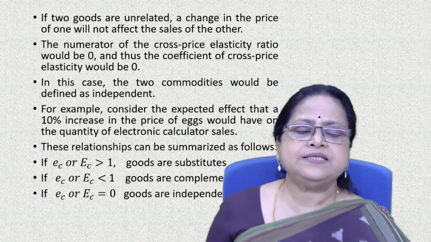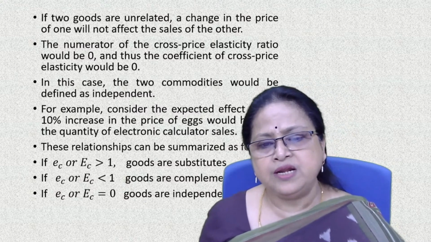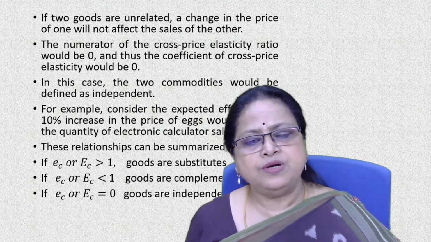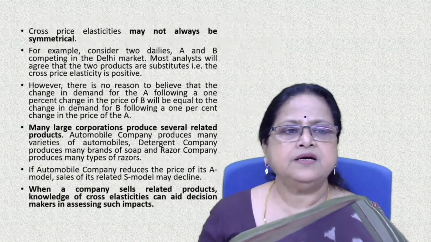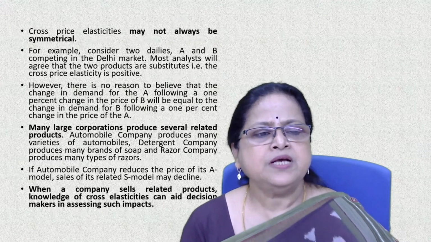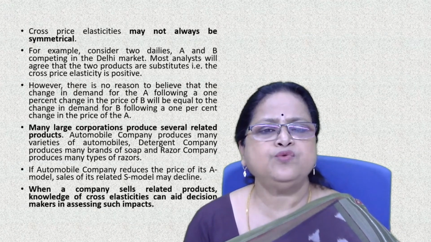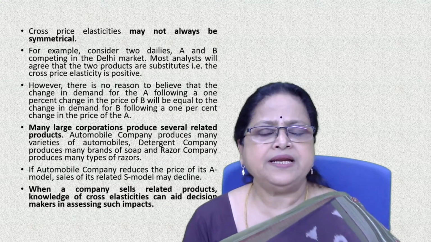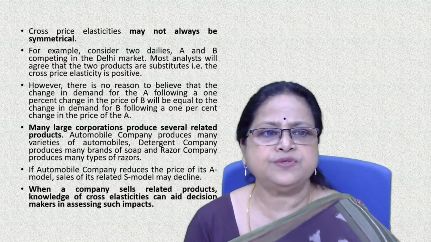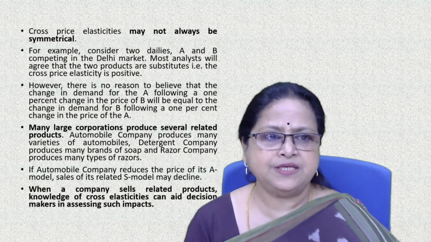So from this we can say cross price elasticity is greater than 0 for substitutes, less than 0 for complementary, and equal to 0 for independent goods. Cross price elasticity may not always be symmetrical. Suppose there are two dailies, A and B, competing in the daily market. Most analysts will agree that the two products are substitutes, and the cross price elasticity is positive.